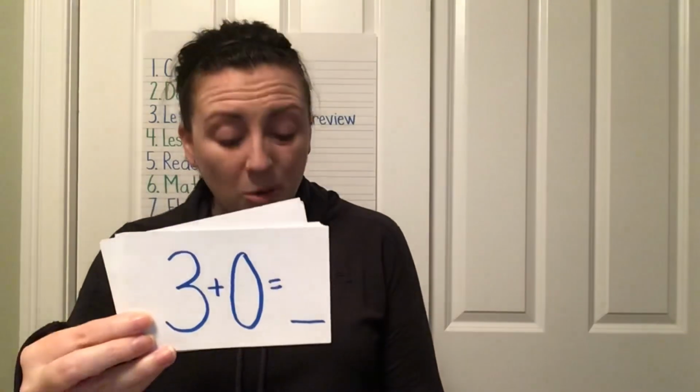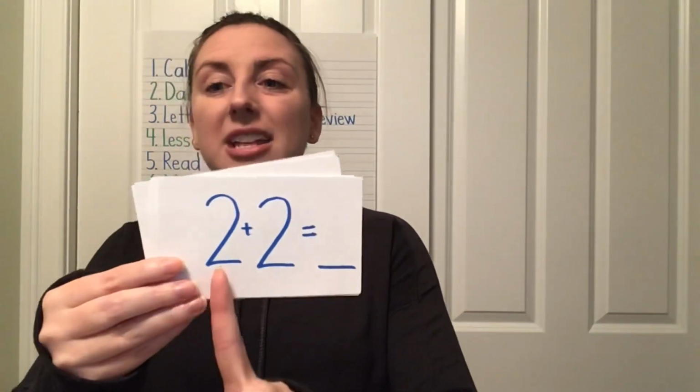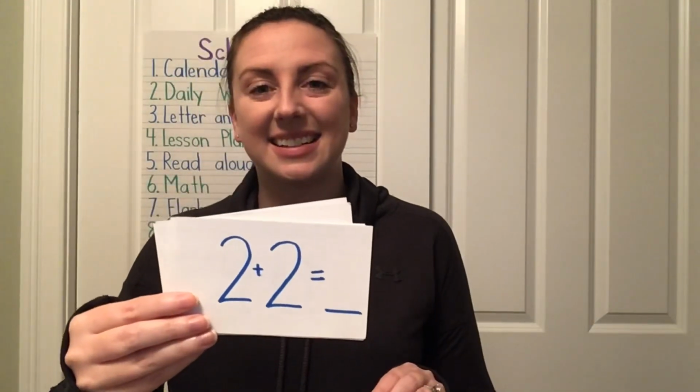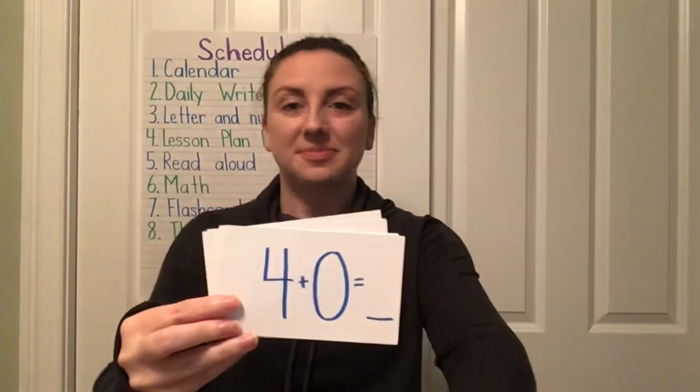You start with 3 and you're adding 0 more, and that is 3. 2 plus 2 equals 4. You start with 2 and then you add 2 more. 1, 2. Your answer is 4.